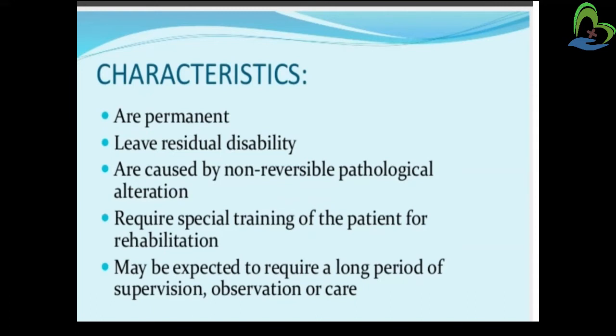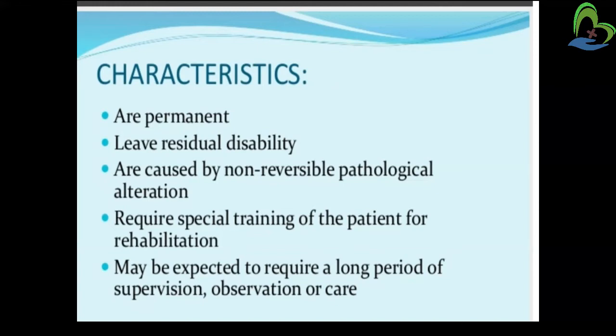If any person is suffering from any type of non-communicable disease like hypertension or diabetes, the person is also at risk of developing some type of disability. Then, they are caused by non-reversible pathological alteration. Mainly, non-communicable diseases are caused by alteration in the pathology of the body.